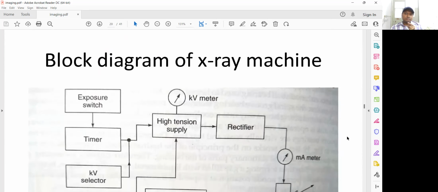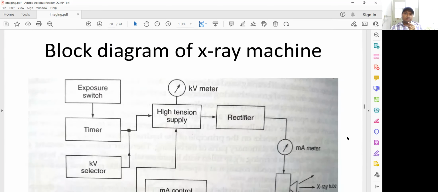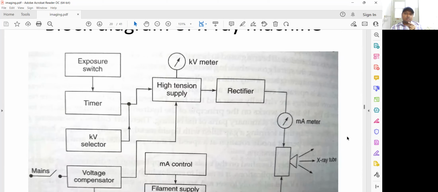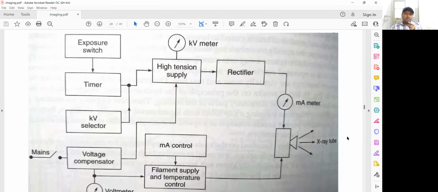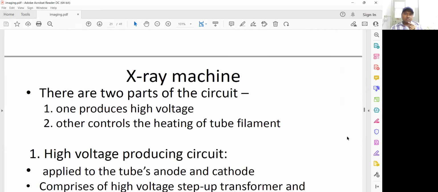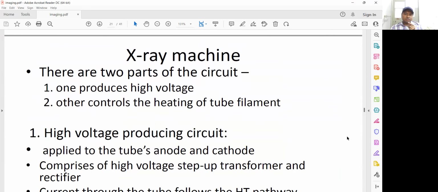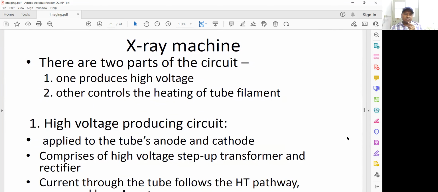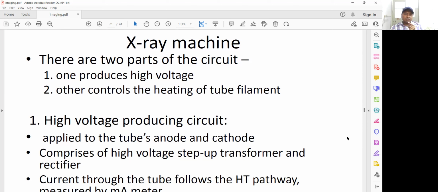So this is the block diagram of the X-ray machine. This block diagram we will discuss later in our class. Let us now look at the construction of the X-ray tube.